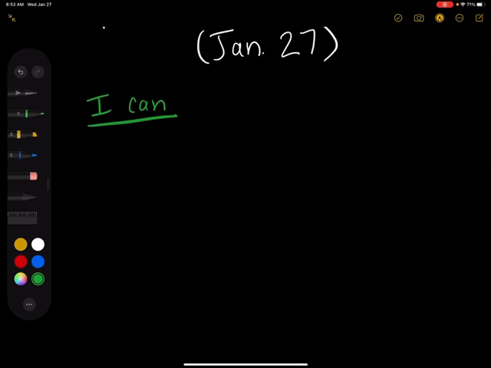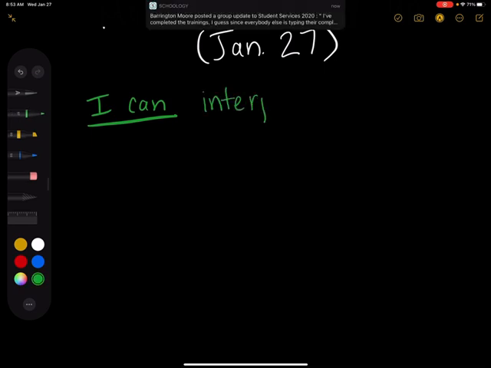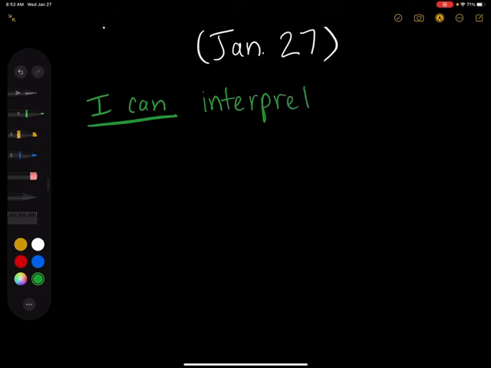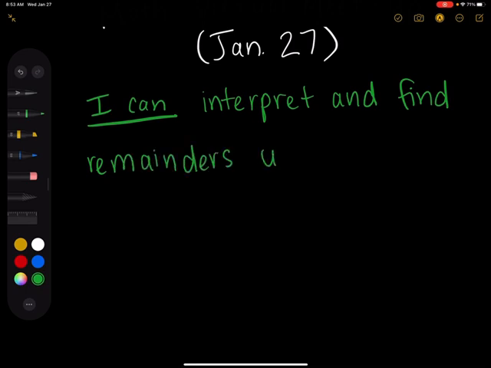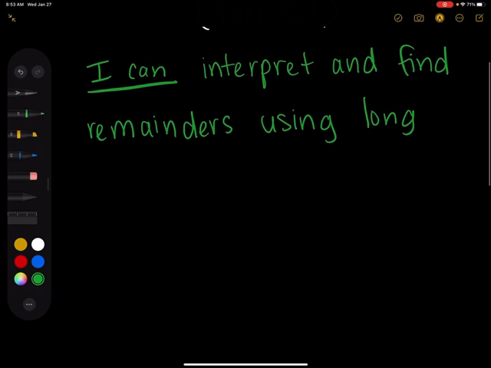I can interpret and find remainders using long division, or we know we also call long division horizontal division.